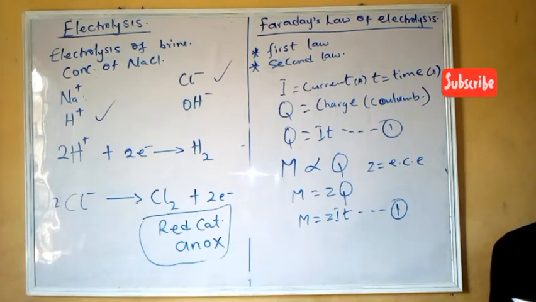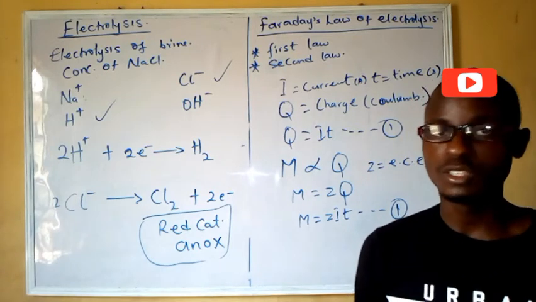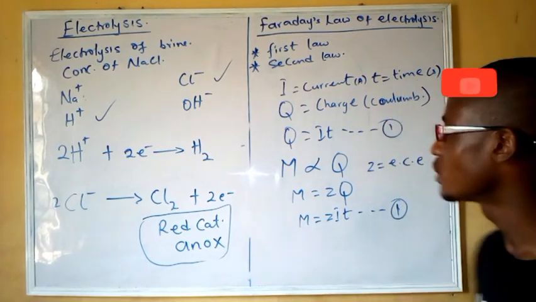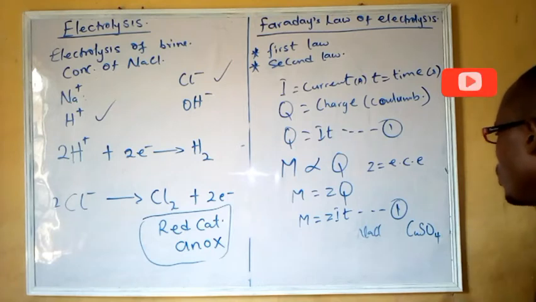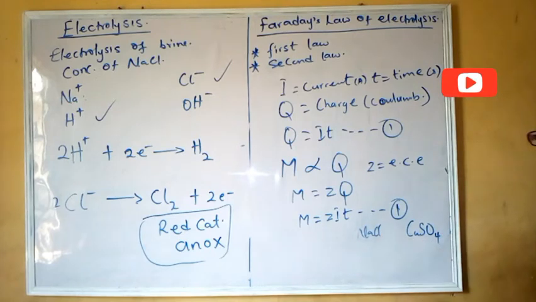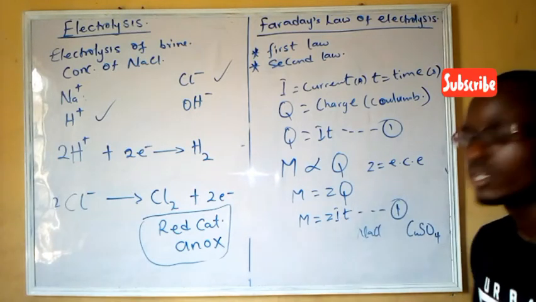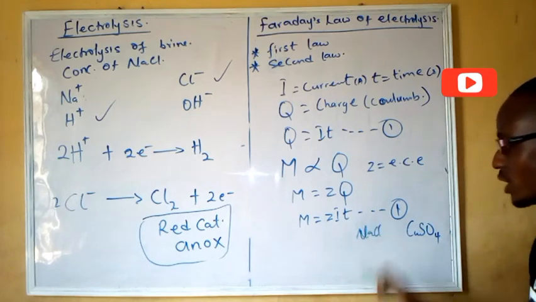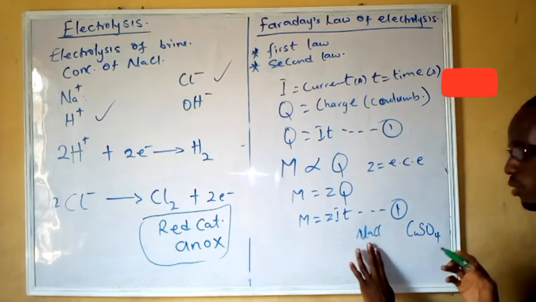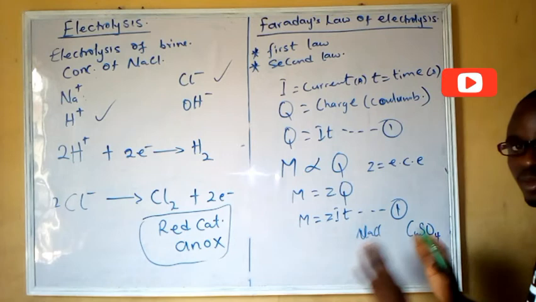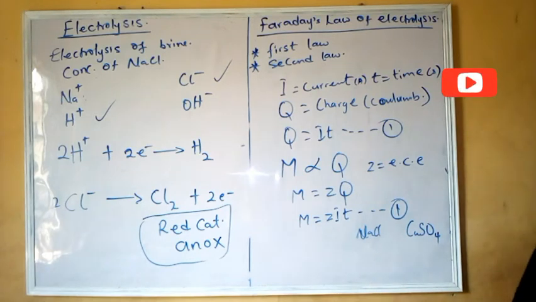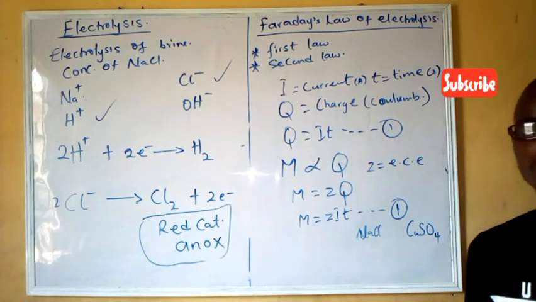What Faraday's second law states is that if the same current is passed through two different electrolytes, let's take into consideration NaCl and CuSO₄, with the same amount of time, the relative number of moles of elements discharged is inversely proportional to the charge on the ion of those elements.